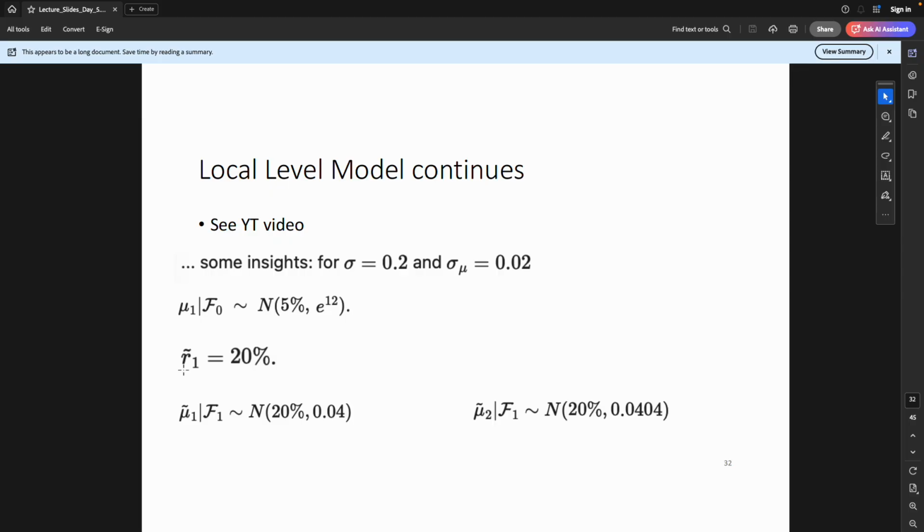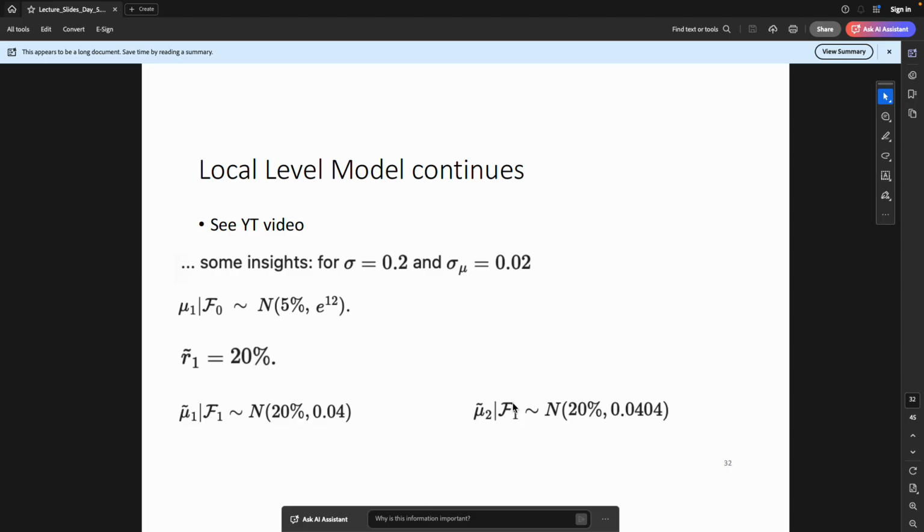So if we work with this uninformative prior here, we are forcing the algorithm to update the first density, so mu1 given f1, towards the data.